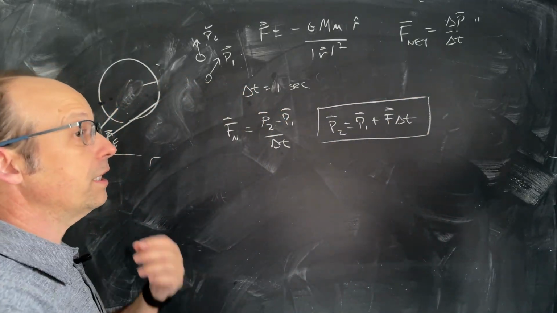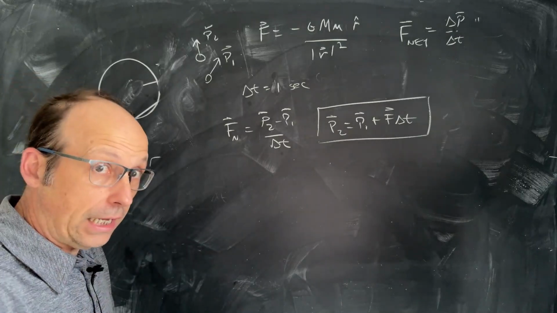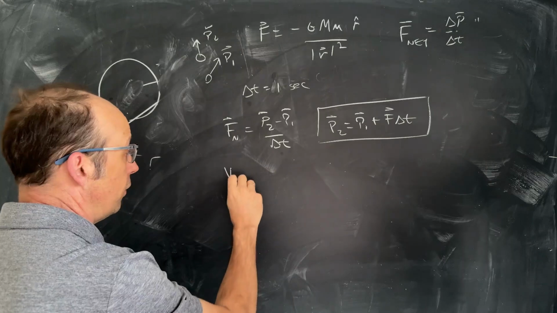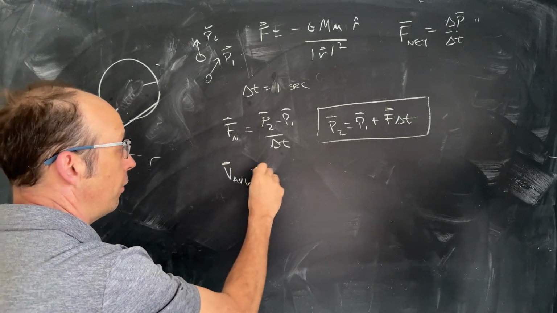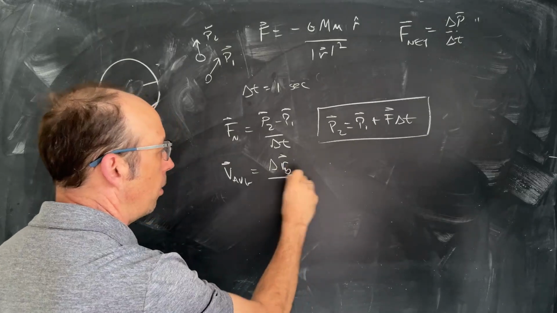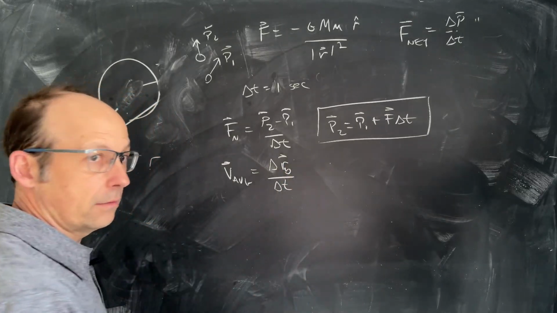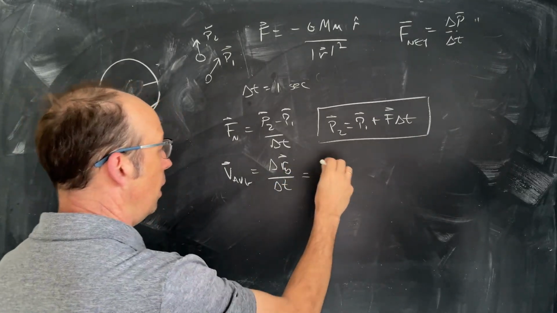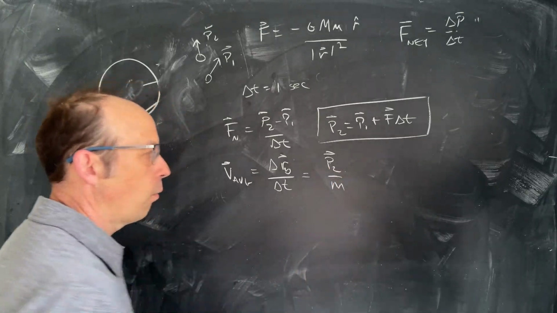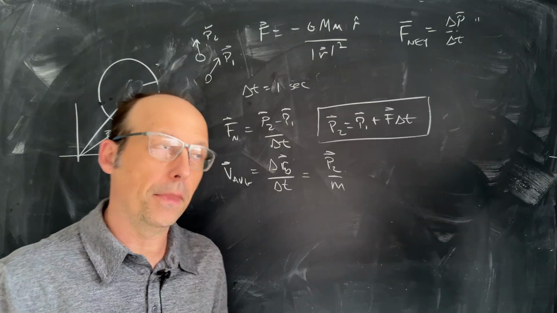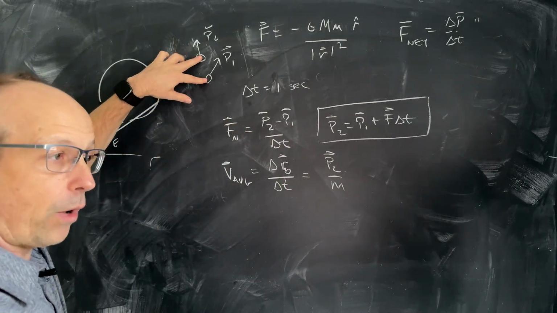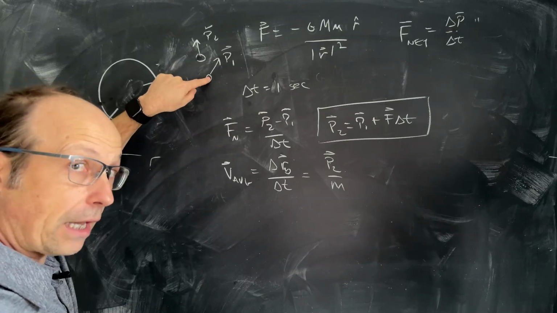Now I can use the definition of average velocity to find the change in position. Average velocity over that time interval is delta r, this is r_B, over delta t. And this is equal to p2 over m. So p2 is the momentum at the end of the time interval. So we're trying to find out where it moved to, and we're starting with that initial momentum.